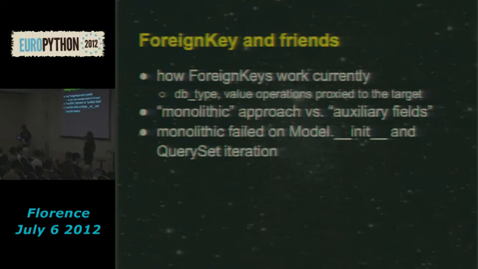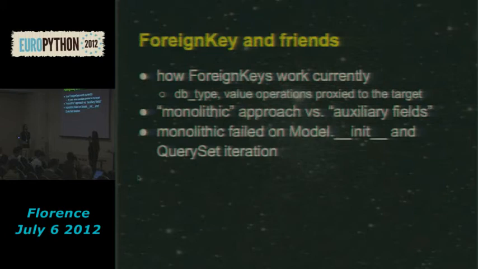Okay, foreign keys currently are kind of a dumb model field type as far as the database goes, and as far as the values go, because basically all the foreign key class does is it handles all the relationship stuff like joins and the descriptors and all this, but when asked for a DB type or to process a value, it just defers this operation to the target field.